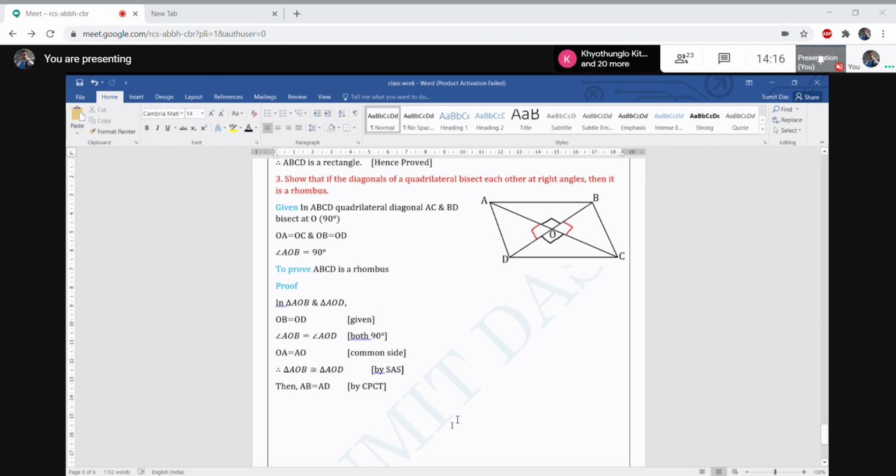Similarly, if we took any two adjacent triangles, we can prove AD equal to DC, DC equal to BC, and BC equal to AB. We can prove.